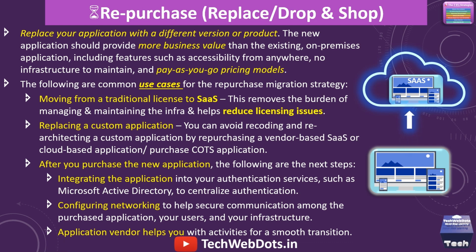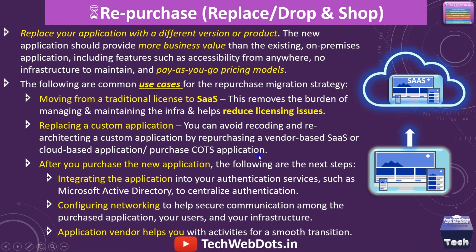You can also use your own license as well, but this way, if you go directly without license, you don't need to manage the license of the machines. Replacing a custom application, you can avoid recoding and re-architecting a custom application by repurchasing a vendor-based solution or a SaaS solution or cloud-based application, or purchasing a COTS application.